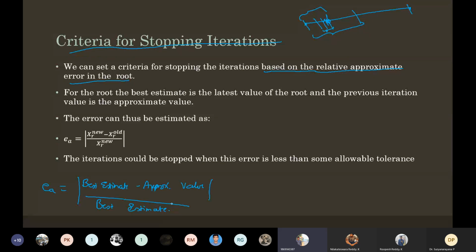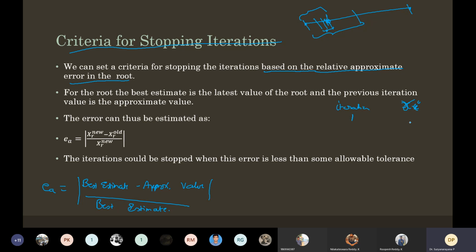Close value to correct answer, sir. Yeah, it is, which is some other estimate than what you have at hand, which is better than what you have. Okay, so in the case of iterations, these iterations proceed like this. Initially, let's say this is the iteration number, how many times you have repeated the process, and this is the root you have at that level, r_i, the root at iteration i.